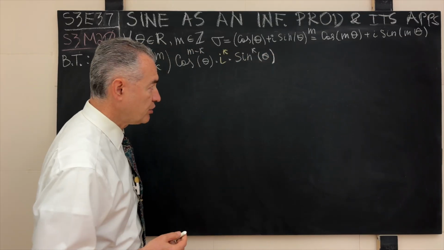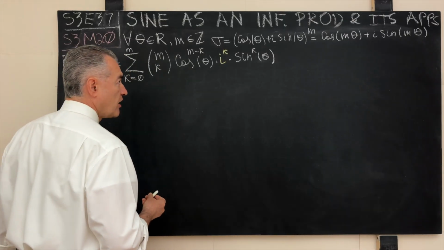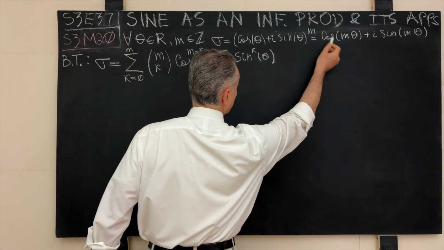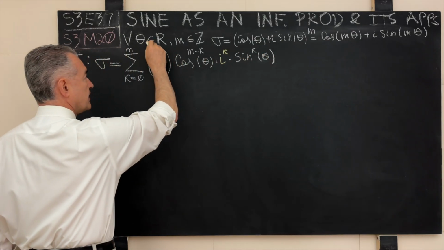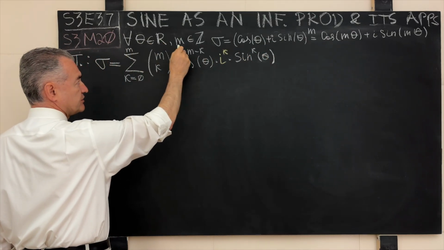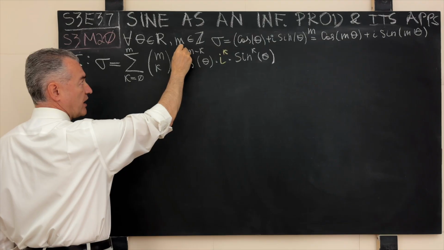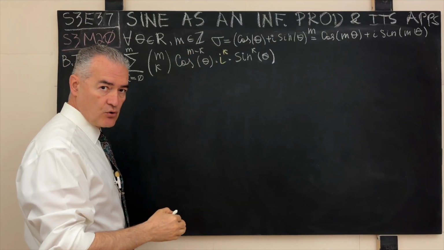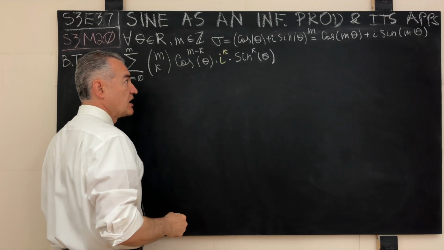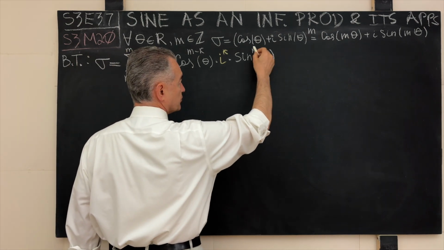Recall that according to the so-called de Moivre's identity, for all theta real measured in radians and for all integral values of m, which are negative whole numbers, 0 and positive whole numbers, the following identity follows.